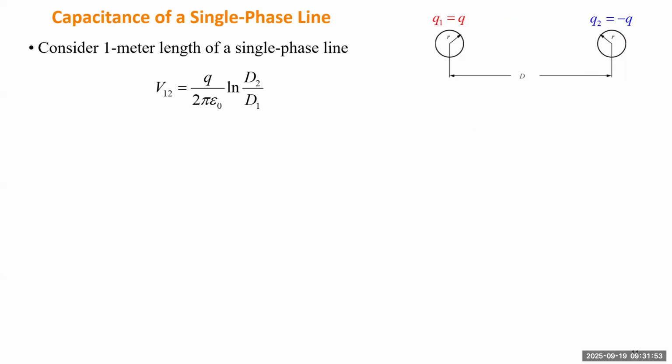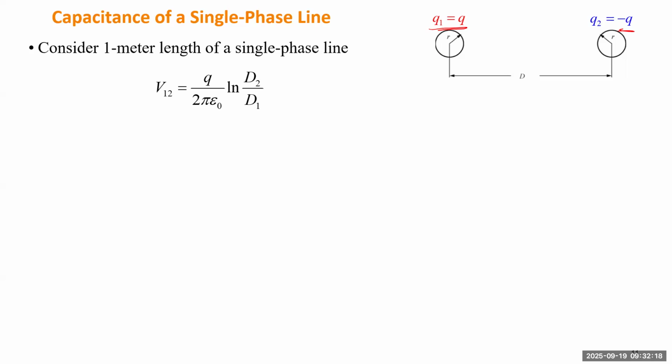Then we treat the entire circuit as net zero charge, which means it doesn't make sense for the circuit to carry positive charge or negative charge. So if one conductor at this moment is carrying positive charge, the other will carry negative charge. Their charges will be opposite to each other, at the same radius and a distance of D.